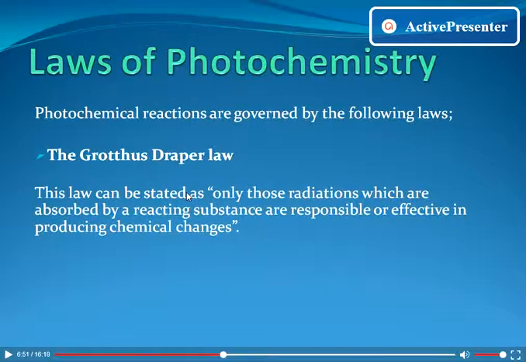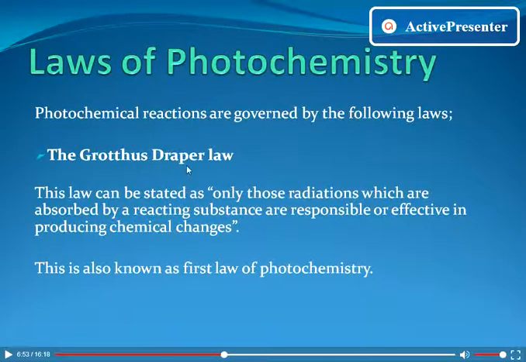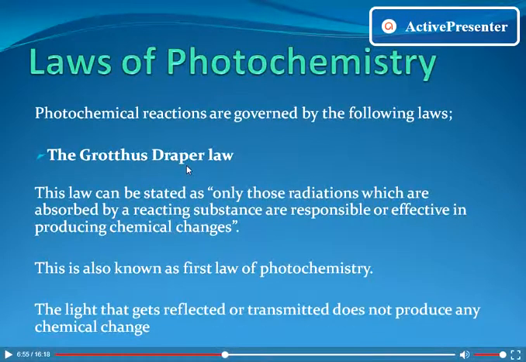It means that the light that gets reflected or transmitted will not produce any chemical change. So that light which is reflected or transmitted will not have any effect on chemical change.